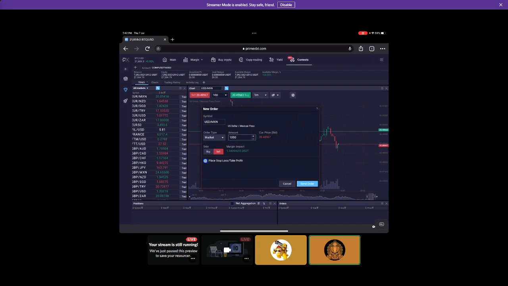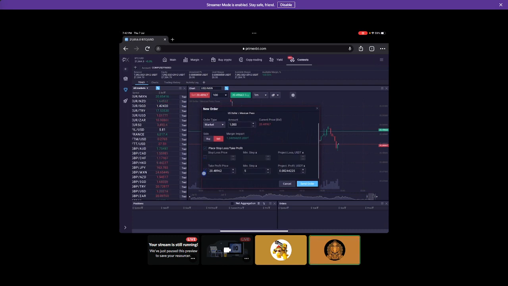And then you have the option to place a stop loss or take profit by ticking this box. And what you do is, say for instance, you want to put a take profit down at 20.47500. You tick this, we'll put in 47500, and it would show us what our projected profit is in USDT. It would be 73 cents.